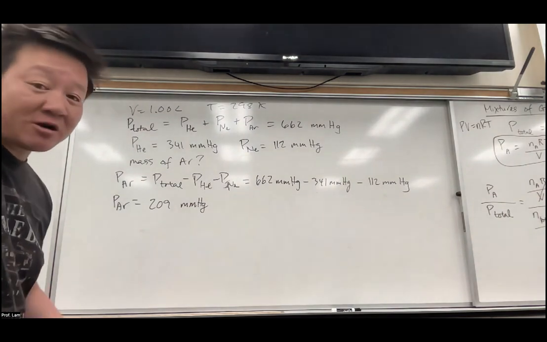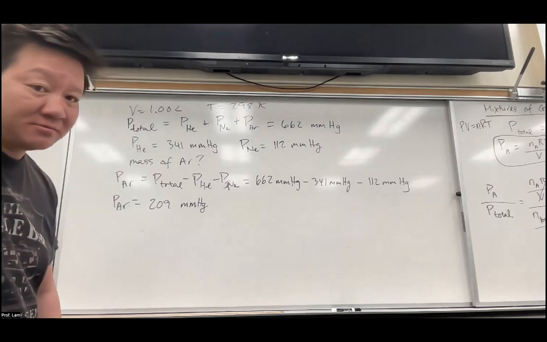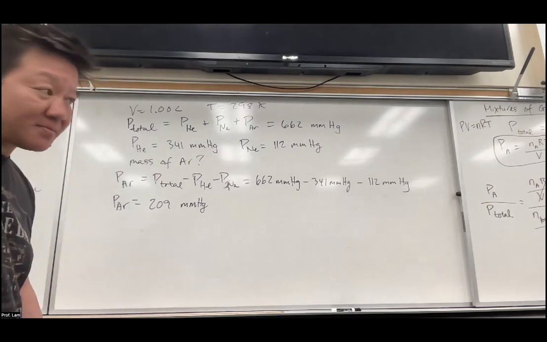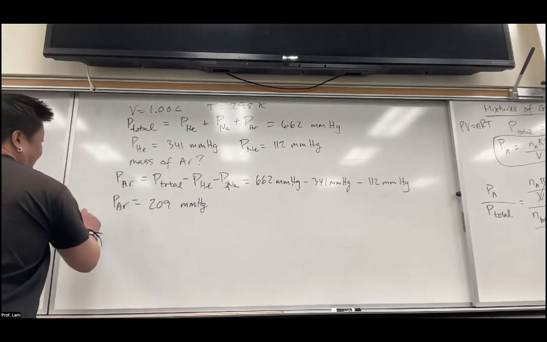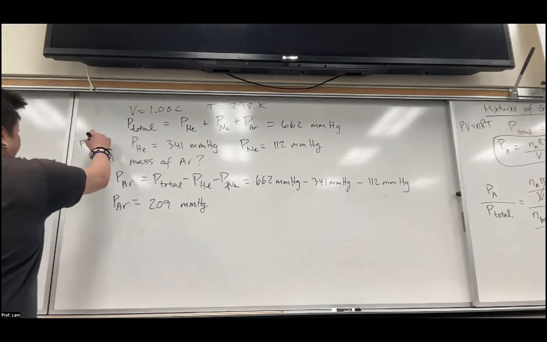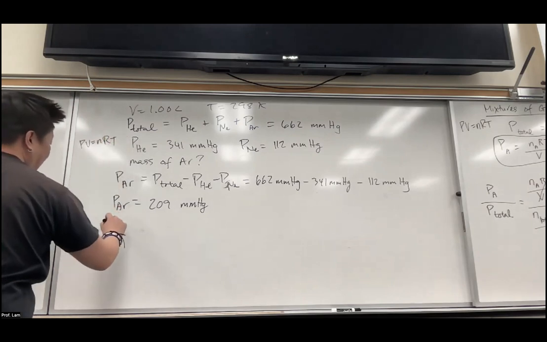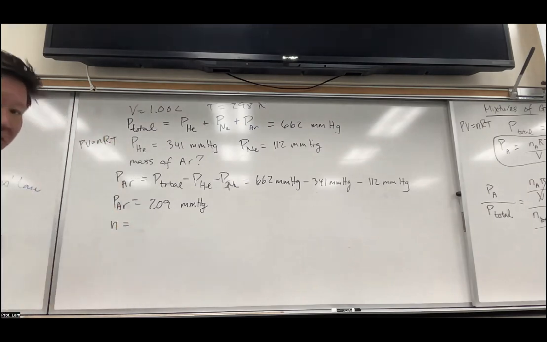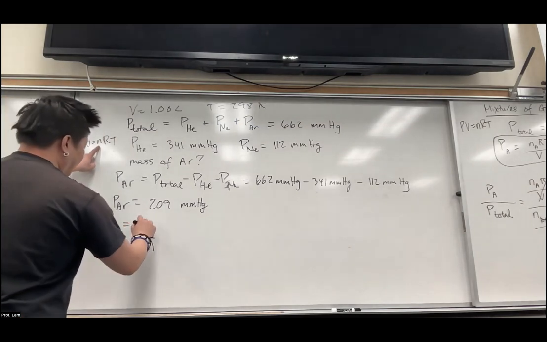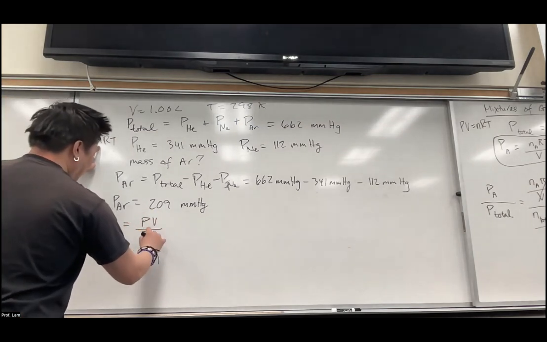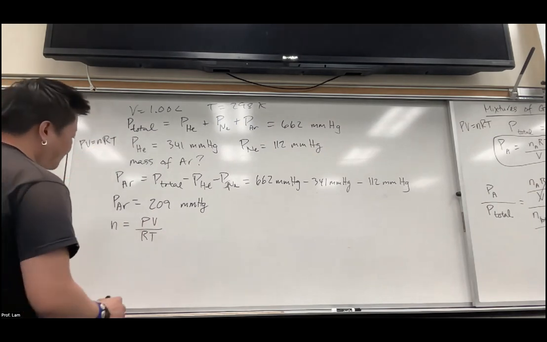Guys, what is our equation that we just learned? Perfect, the ideal gas law, because it has pressure and moles in it. So from PV equals nRT, we need to solve for n because we want to know how many moles of argon that is. So n is equal to PV over RT. We have to divide out RT.